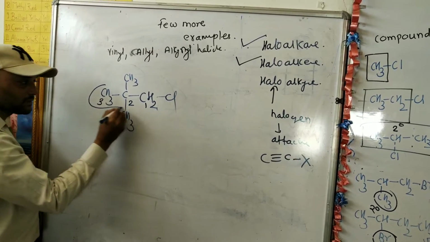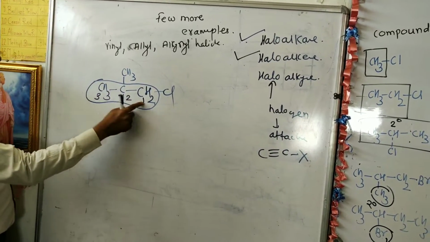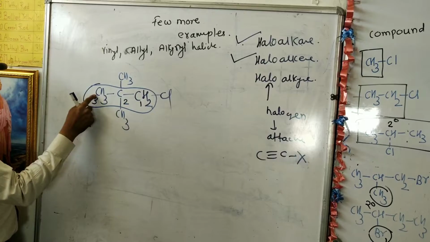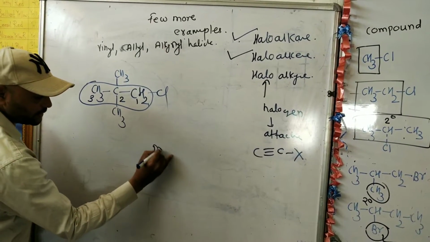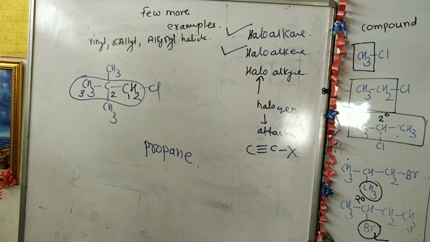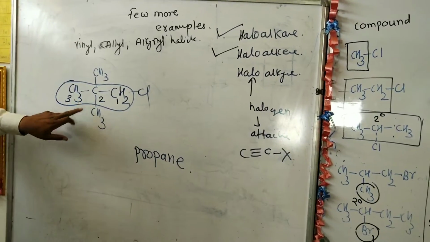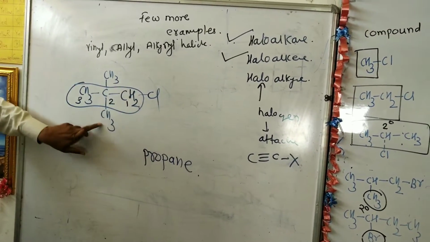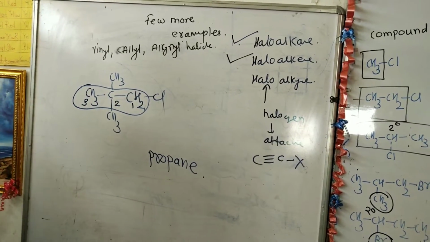Once you have selected, circle it. So how many carbons in the chain? 3, 1, 2, 3. We call it propane. What remains now in this structure? Chlorine and methyl groups. Arrange these in alphabetical order.